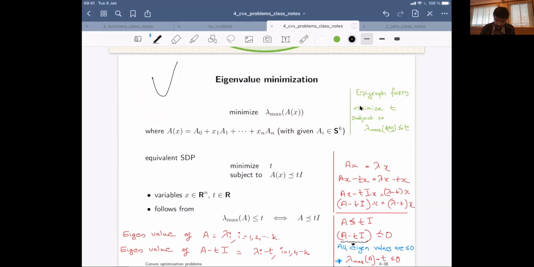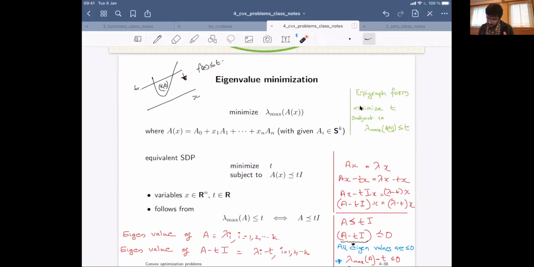Instead of minimizing over x, now let's consider the two variables x and t, and find the minimum value of t such that f of x is less than or equal to t. This inequality comes from here. Then you search over this for a particular t, reduce t, and finally you will reach this point.